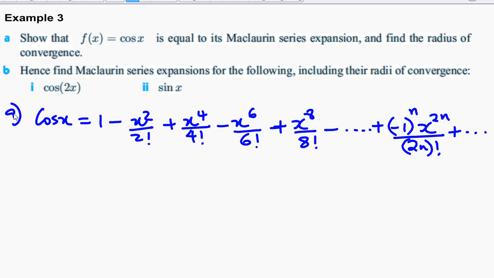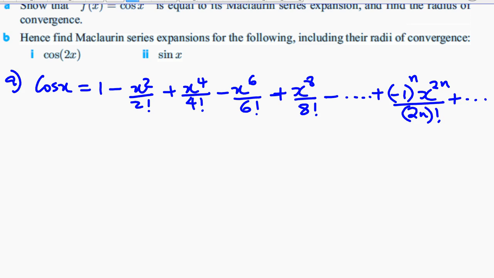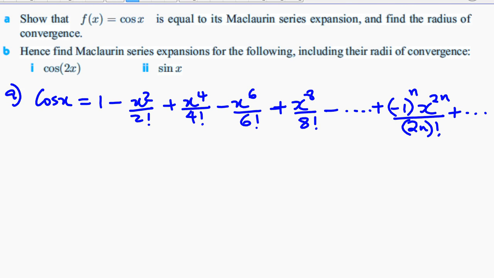What do they want? They want us to show that it's equal to its Maclaurin series expansion, which means we have to show that the limit of the remainder term will be equal to 0 as n approaches infinity.